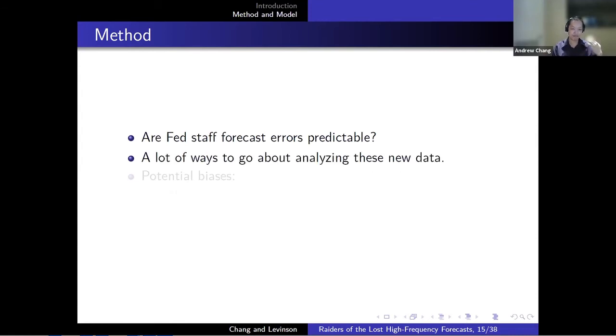So there's a lot of ways to go about analyzing these new data, an infinite number of ways. And so Trace and I, when we were starting this paper, wanted to mitigate 2 potential psychological biases. The first is hindsight bias.